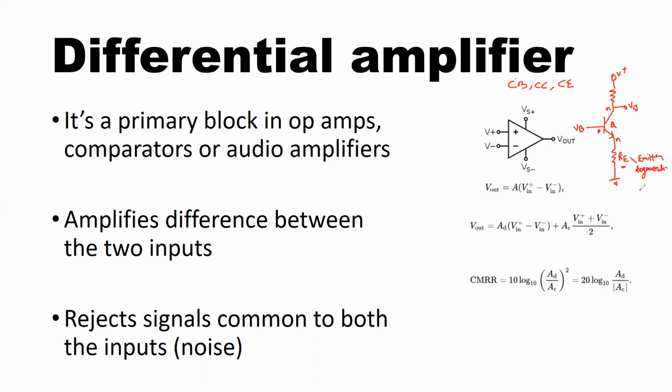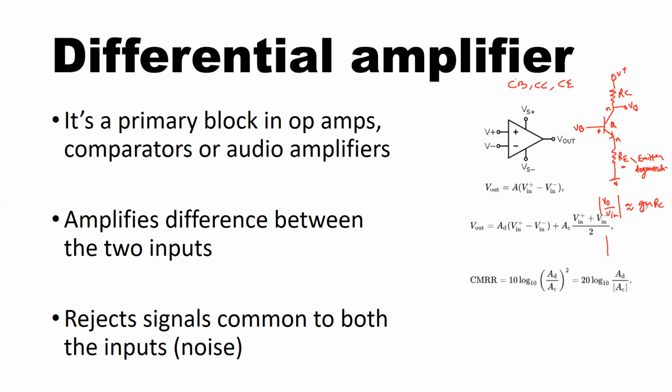This resistor was there to provide the bias stability and also the stability against the transistor parameters. And we said that the output divided by the input of this amplifier, that was the gain, was approximately gm times RC. Here RC is your collector resistor. And with the emitter resistor, we got the improved formula for the gain.